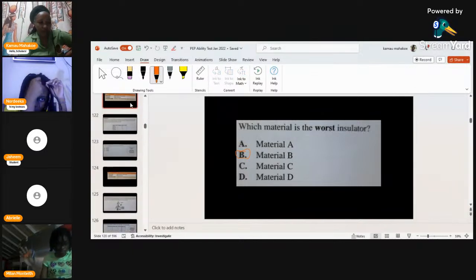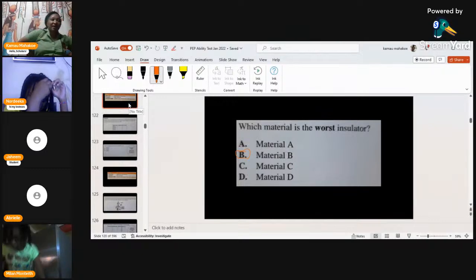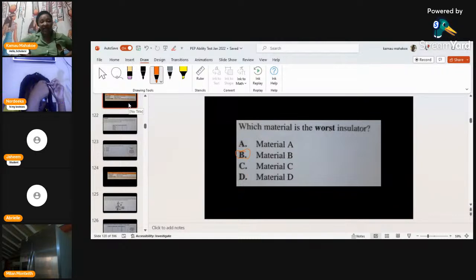So when persons are selling, these are some of the decisions they have to make. They have to decide what material to buy to package their food in, whether they want to keep it warm or keep it cold, or whatever condition they want.